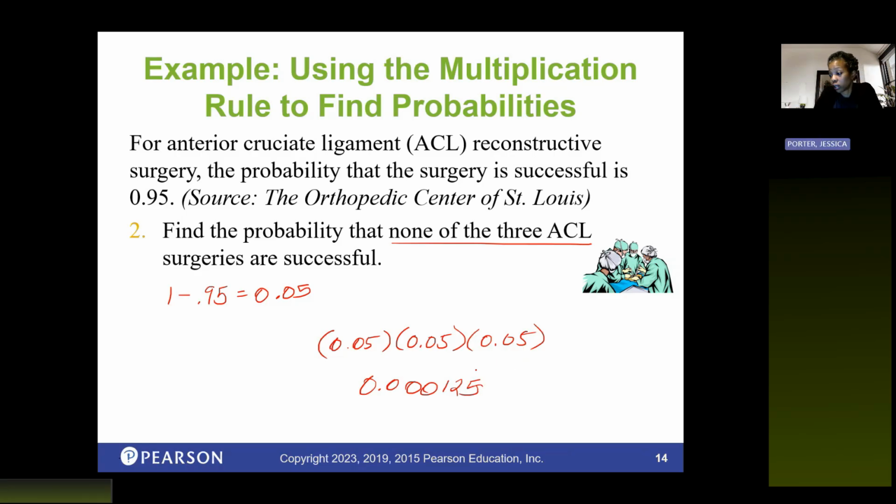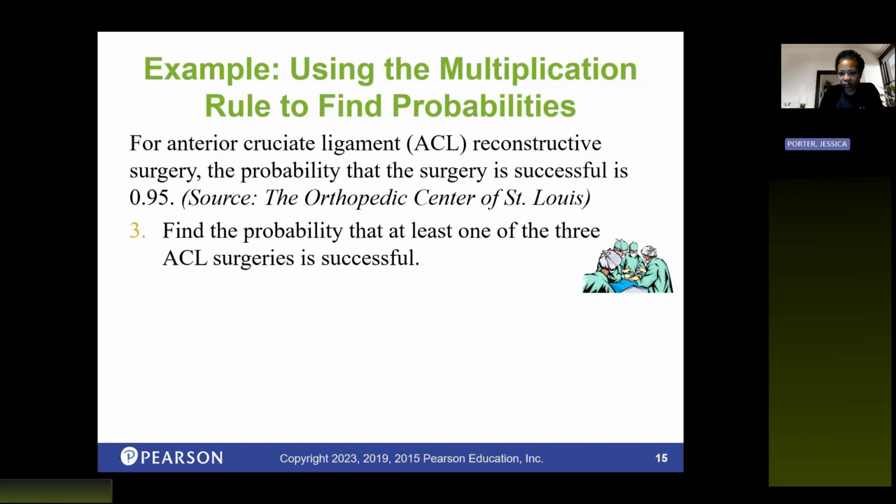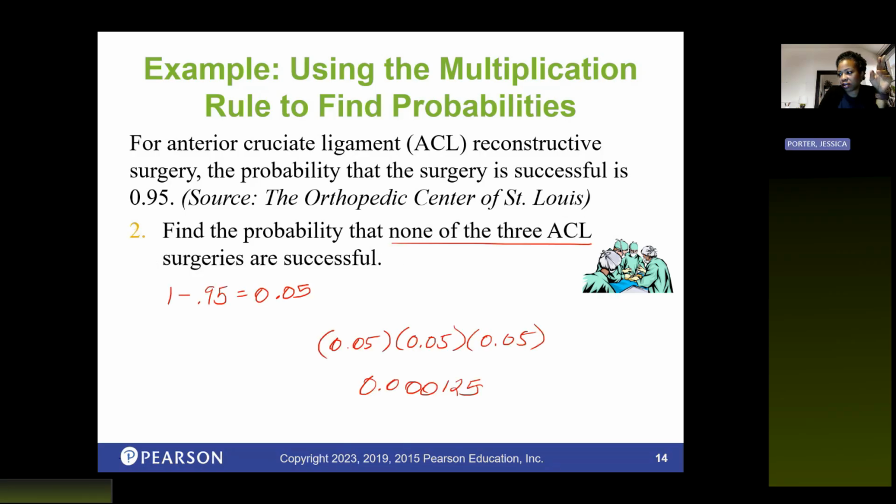You hate to be that doctor or that doctor's patient. Hence, we're going to use the answer that we just got, 0.000125.